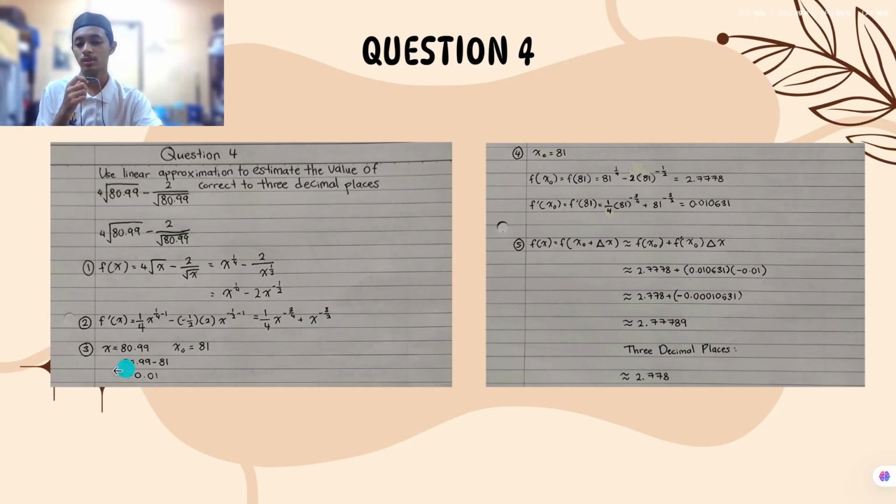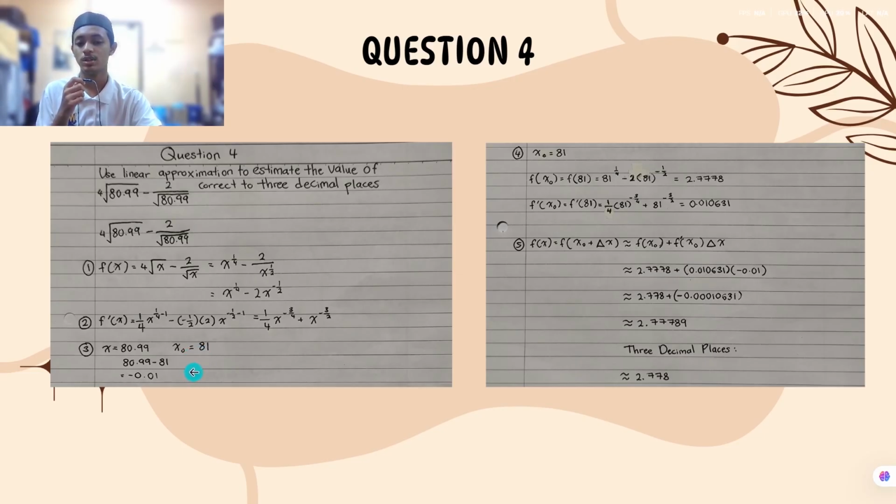For the third step, we know the x is equal to 80.99, and we need to create a new variable, which is x naught. For its value, it needs to fit two conditions.